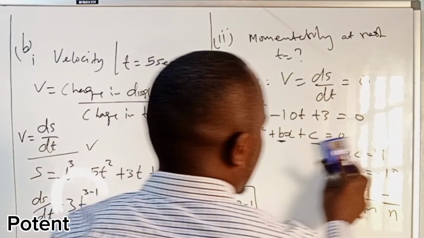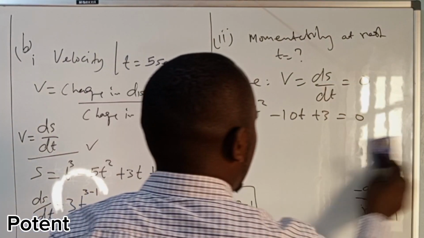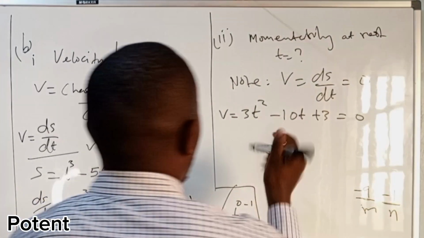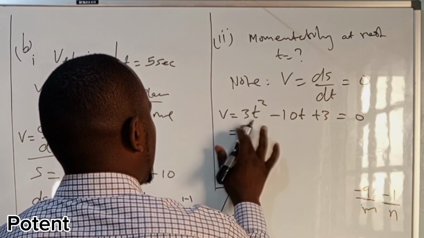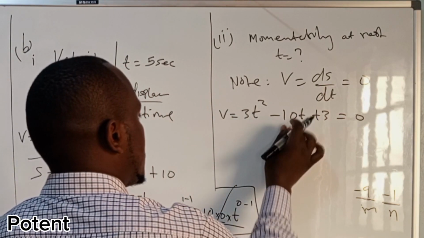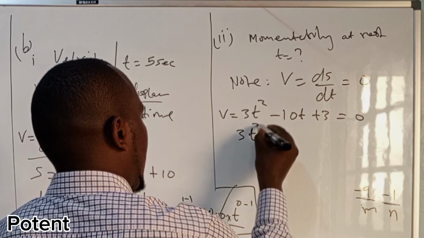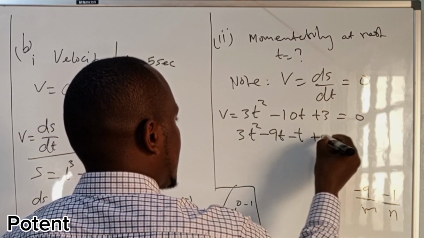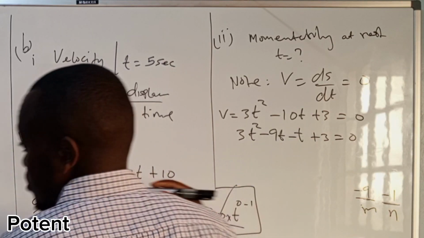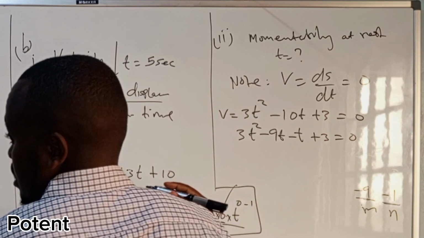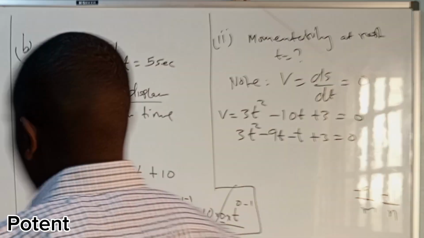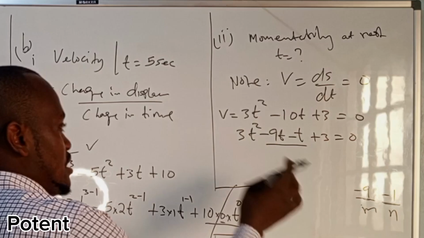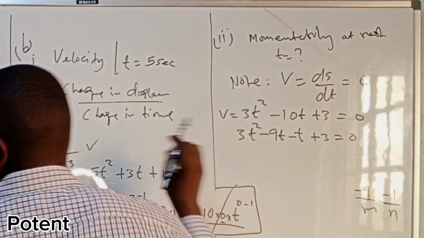Okay? Now, come here with your 2 factors and split the middle term. 3t squared minus 9t minus t plus 3 equals 0. So you have split this; there is nothing you have done, it is still negative 10. Okay?